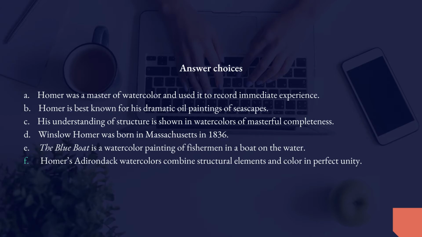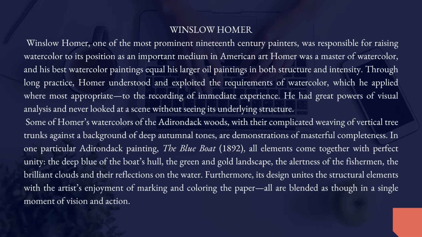And F, Hammer's Adirondack watercolors combine structural elements and color in perfect unity. What are the keywords? Adirondack, combination of structural elements, color, perfect unity. Basically most of the words in the sentence. Let's see where. Look, I found all elements come together with perfect unity.